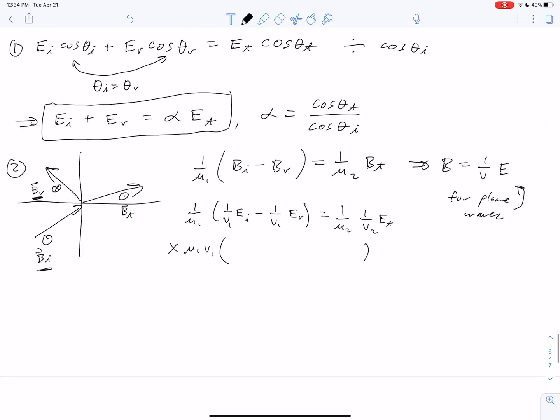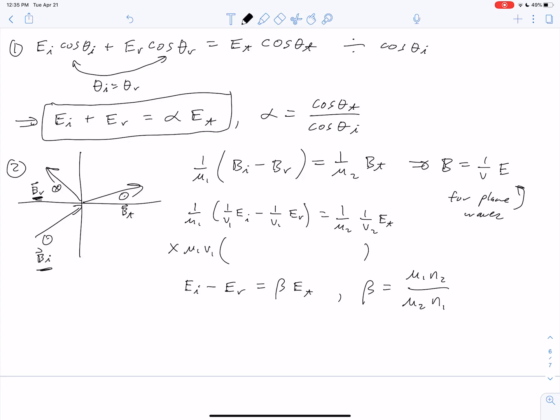And then that leads me to this: EI minus ER is equal to this funny thing, beta times ET, where beta is equal to this ratio of mu1 n2 over mu2 n1.